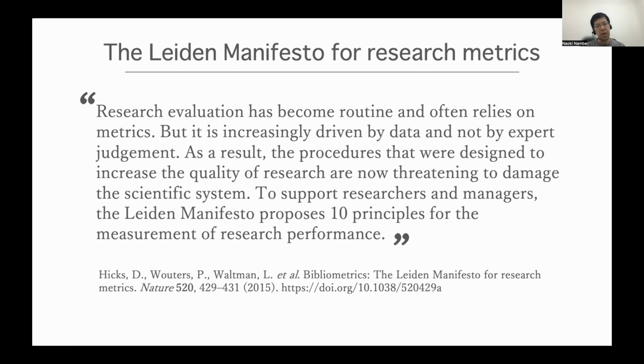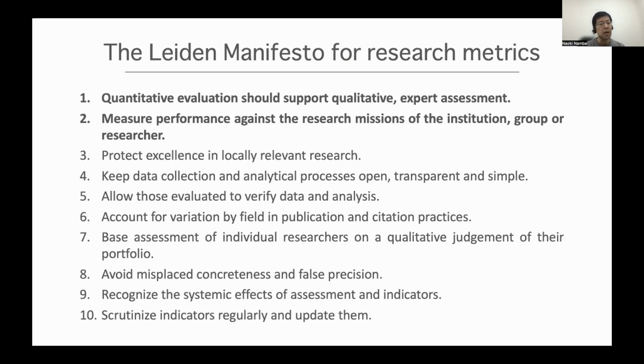As a result, the procedures that were designed to increase the quality of research are now threatening to damage the scientific system. I kind of agree with this, and I'm afraid the same thing can happen to measuring science communication activities. It gives 10 points.